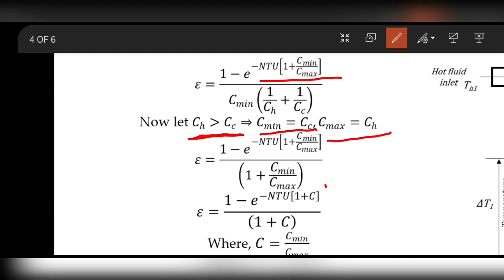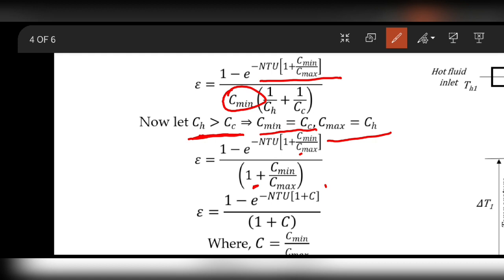I have taken C minimum inside. So if CH is C minimum, I get 1 plus C minimum by C maximum. When this C minimum is taken inside, C minimum by C minimum will be equal to 1 in one of the cases. For the other case, it becomes C minimum by C maximum.